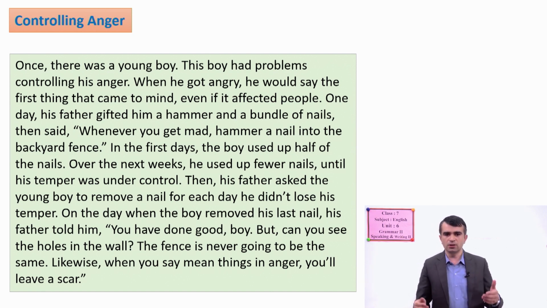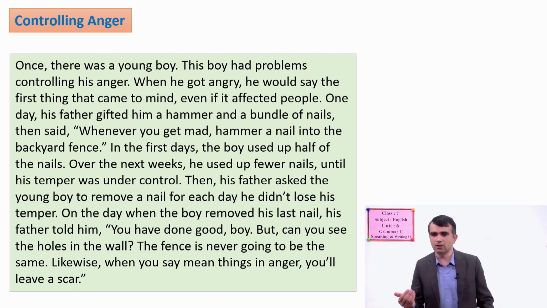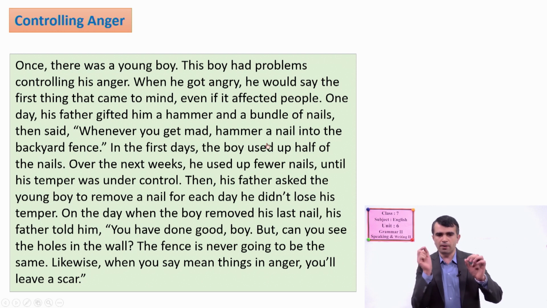Once there was a young boy. This boy had problems controlling his anger. When he got angry, he would say the first thing that came to mind, even if it affected people. One day his father gifted him a hammer and a bundle of nails, then said, "Whenever you get mad, hammer a nail into the backyard fence."